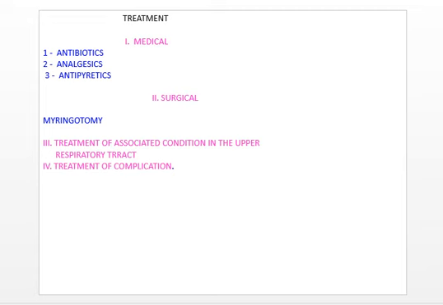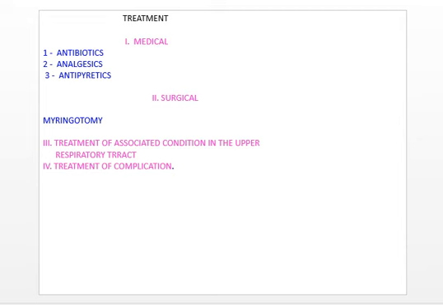The role of surgery. As we have talked about the 4 stages of acute suppurative otitis media, in the 3rd stage, which was the nipple stage, perforation occurs in the tympanic membrane. But in certain cases, if this perforation is not occurring in time, it is more and more delayed because of very tough tympanic membrane, and the patient's condition goes on deteriorating.